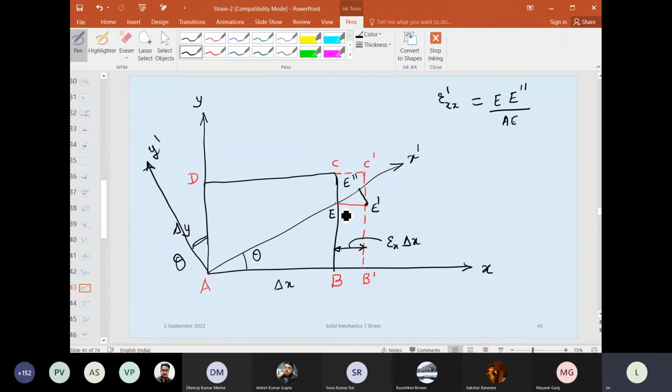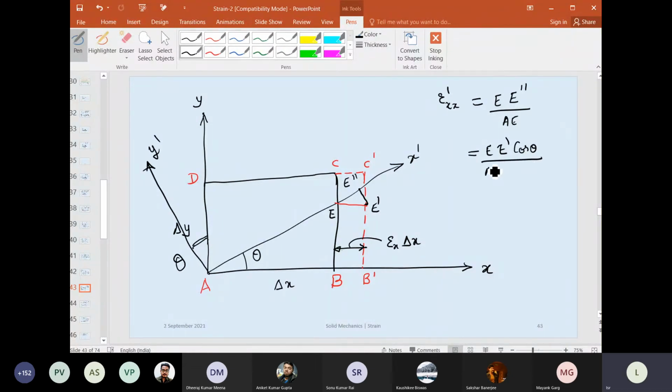because it has gone to this, divided by its original length, which was AE, so we have written that. This E double dash we can write as E dash cos theta.